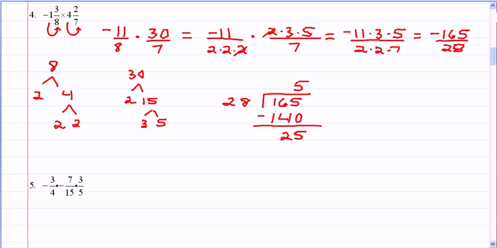I get a remainder of 25, so my final answer is negative 165 over 28, or negative 5 and 25 over 28.